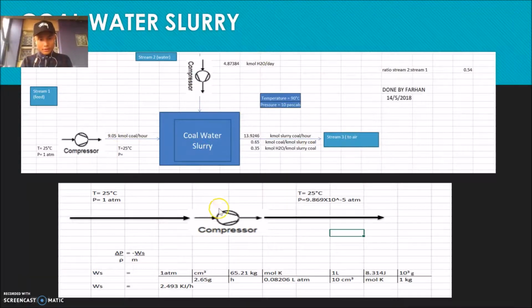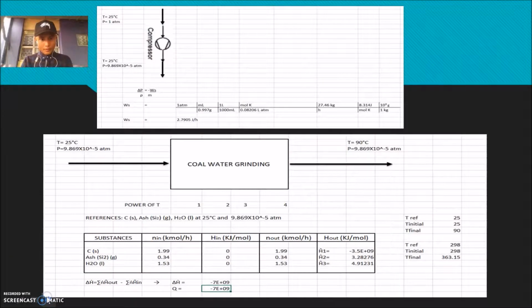As you can see here, the compressor is used to reduce the pressure of the coal, which produces 2.493 kJ per hour. Next, the second compressor used to reduce the pressure of the water produces 2.7905 joules per hour.